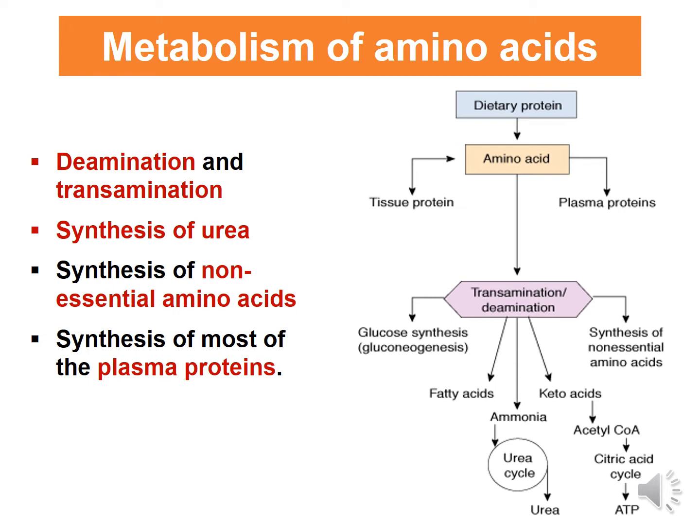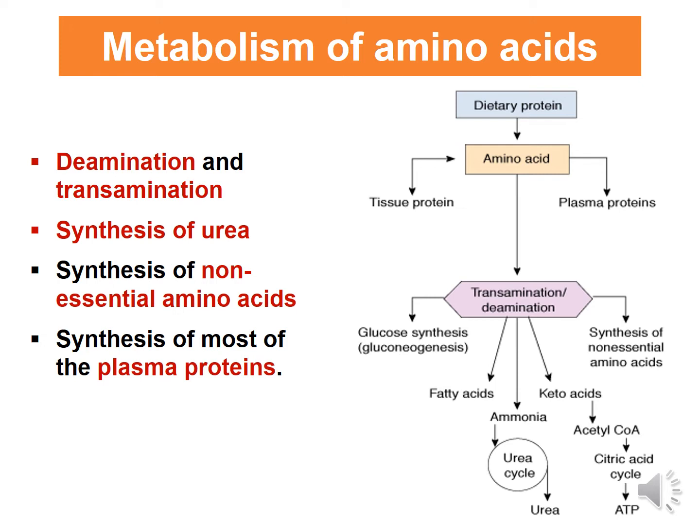Several of the enzymes used in these pathways, for example alanine and aspartate transaminases, are commonly assayed in serum to assess liver damage. Removal of ammonia from the body occurs by synthesis of urea. Ammonia is very toxic, and if not rapidly and efficiently removed from the circulation, will result in central nervous system disease.